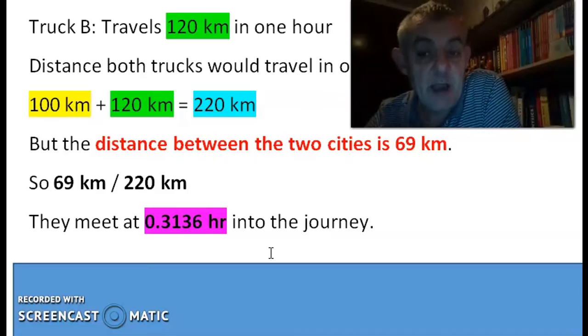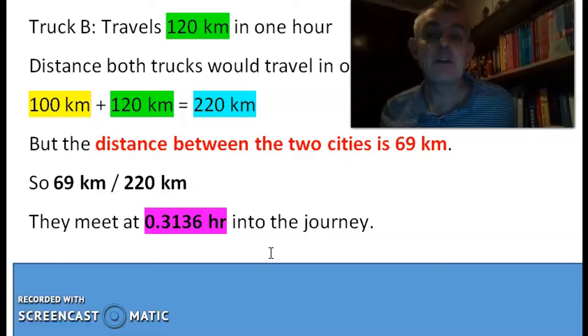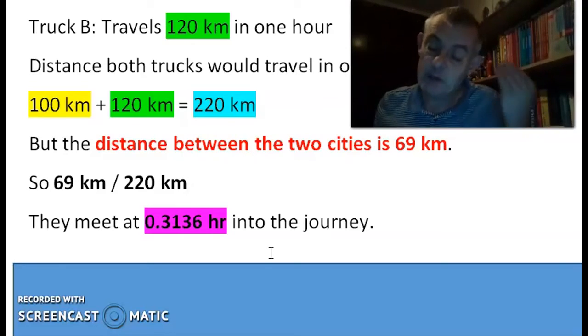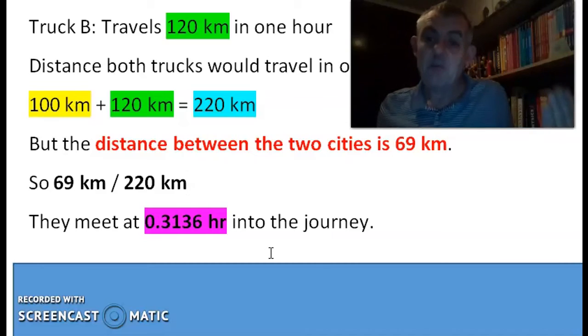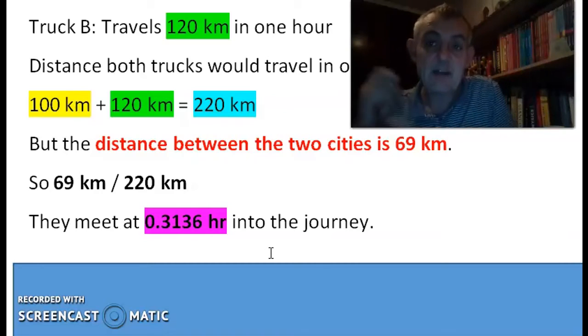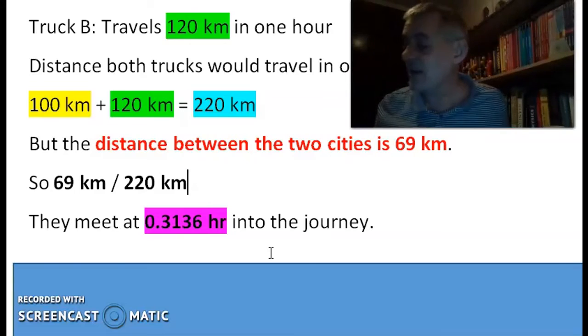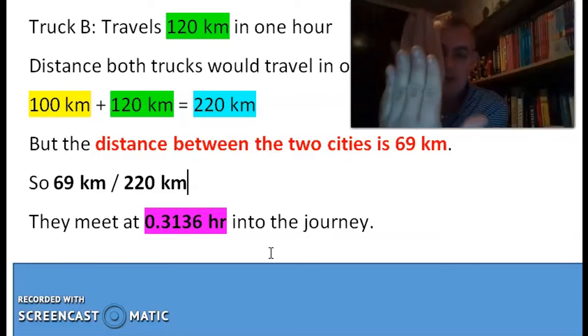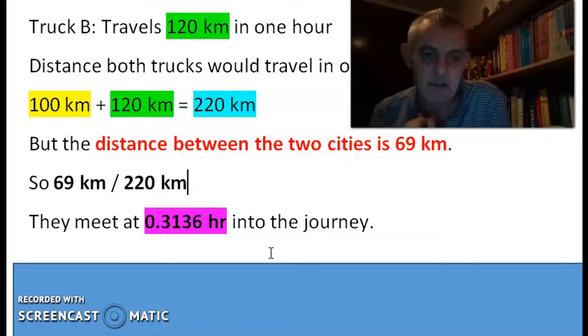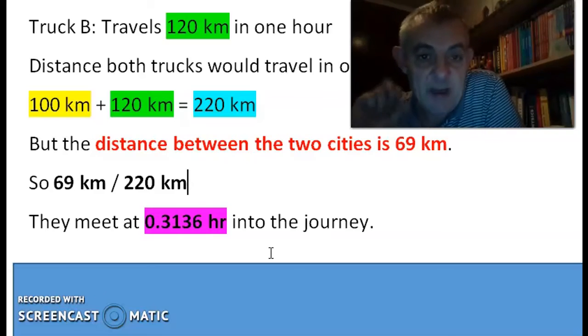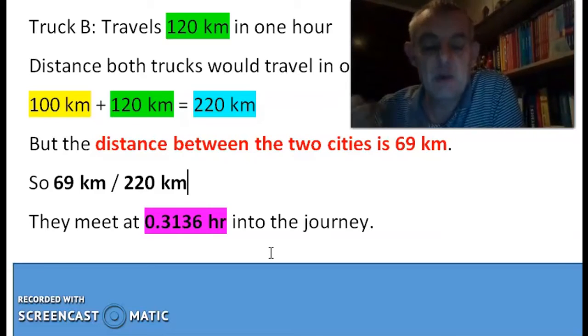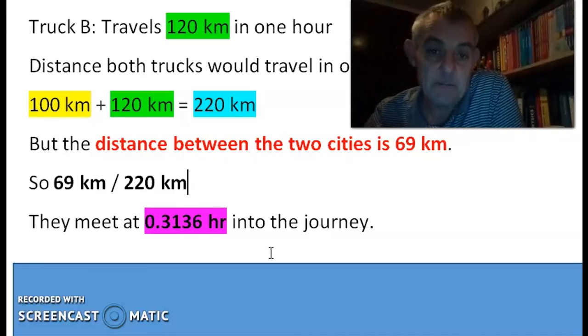So think back to that animation that I did with the two people jumping. The one person was jumping faster than the other, but when they met, if you looked at that time clock, the time they met, it counted down 0 time. They met at the same time. So I hope that animation helped you understand that when two objects traveling at different speeds meet each other, they would have been traveling for the same time.